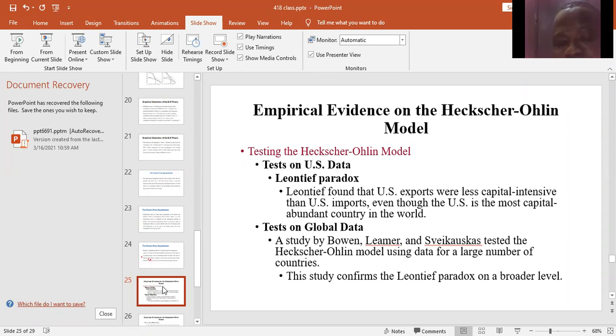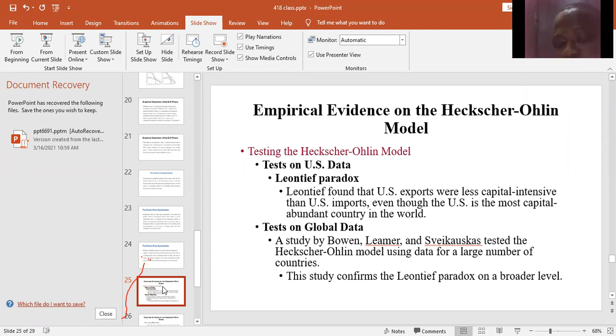The Leontief paradox found that US exports were less capital intensive than US imports. The US is a country we believe is capital endowed, or has capital in abundance. The exports that go out of the US are less capital intensive compared to the imports that come into the US.